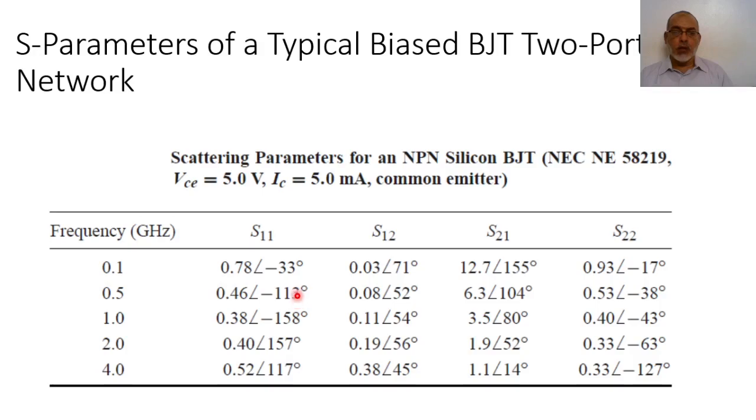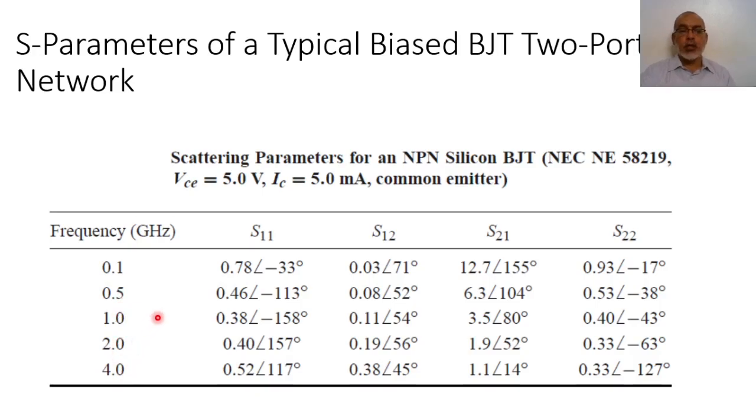As an example, for a real microwave transistor, NEC NE58219, with a collector emitter voltage of 5 volts and collector current of 5 milliampere, we have these following S parameters at the frequencies 0.1 gigahertz, 0.5 gigahertz, 1 gigahertz, 2 gigahertz, and 4 gigahertz.